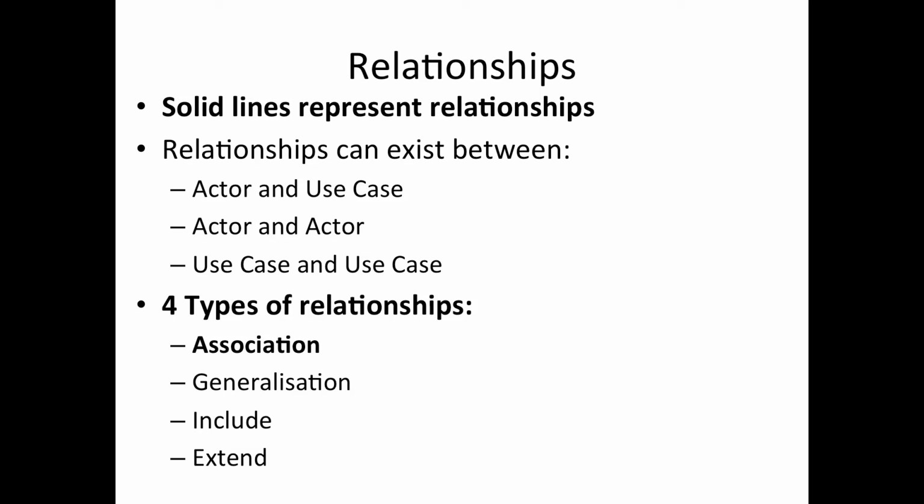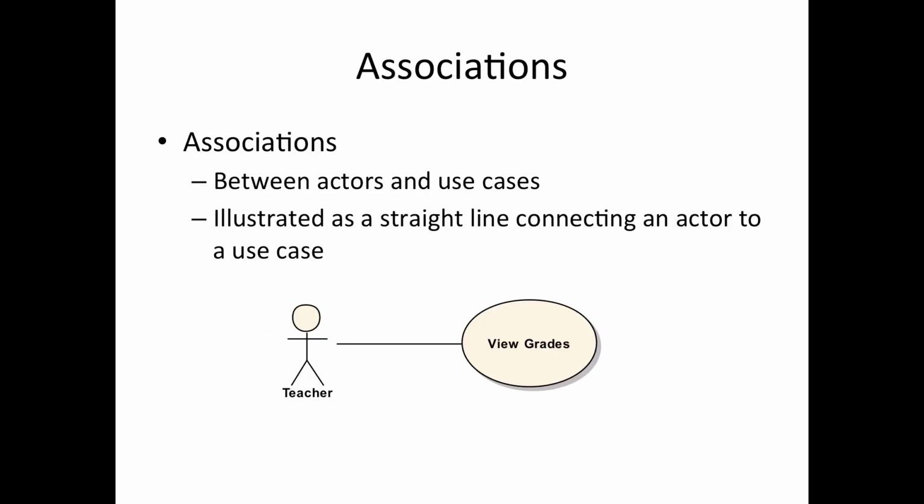So this is an example of an association, between actors and use cases. Here is our actor, in this case a teacher. Here is a system to view your grade. We have a system here, you know what it is, it's Compass. You can view your grades, I can view your grades.